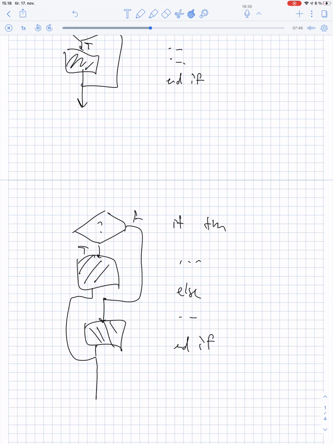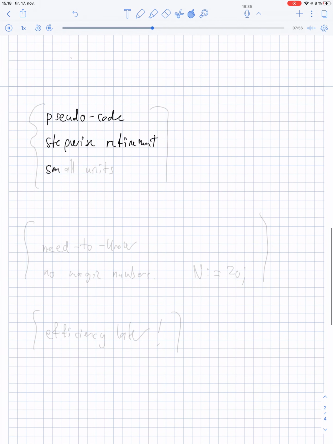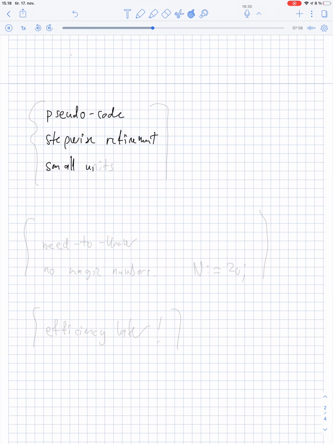There's also the concept of stepwise refinement. And there's the concept, or maybe just the idea, of small units. So, I mean, these are three things that work in the same direction.